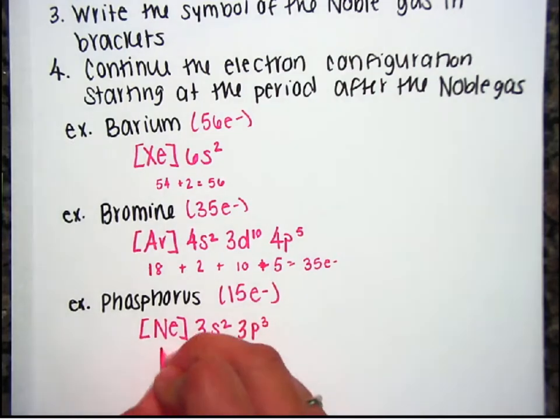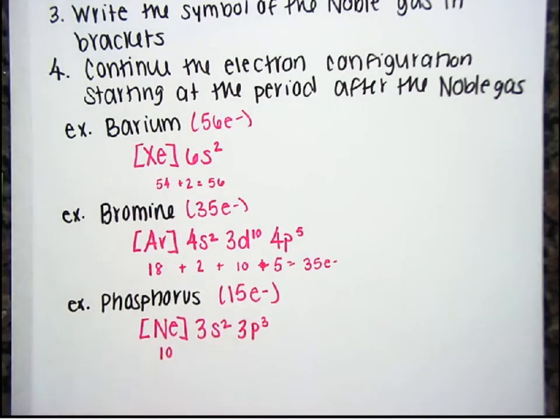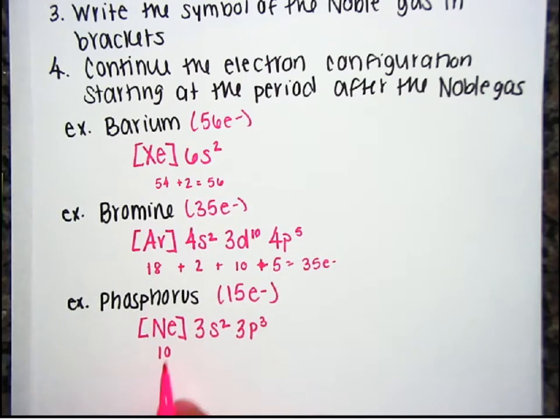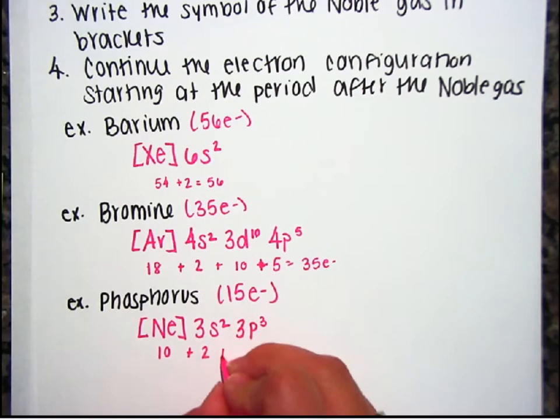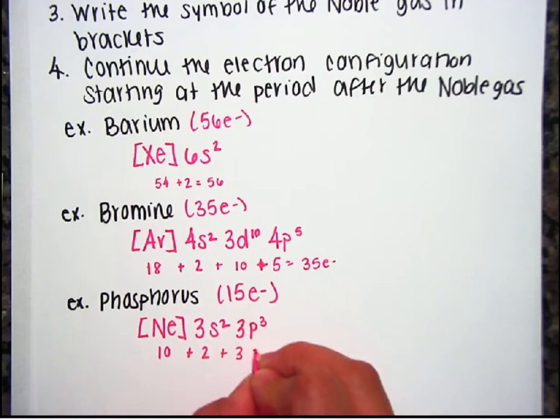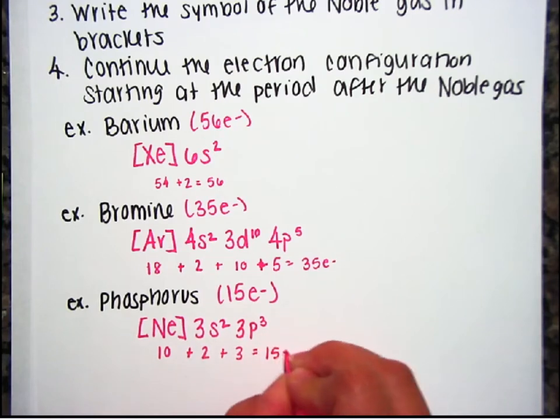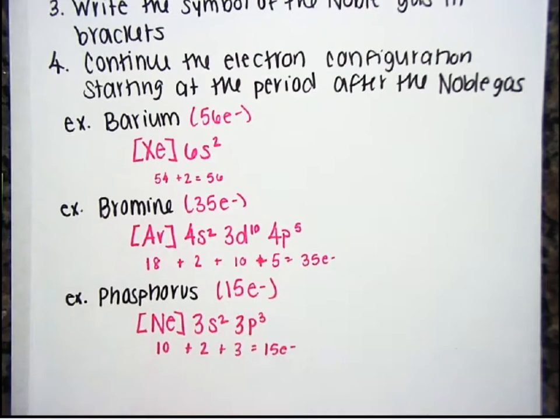Again, you can check your number of electrons. Neon is atomic number 10, 10 protons, 10 electrons. Plus 2 electrons in the 3s orbital, plus 3 electrons in the 3p orbital, gets me to 15 electrons.